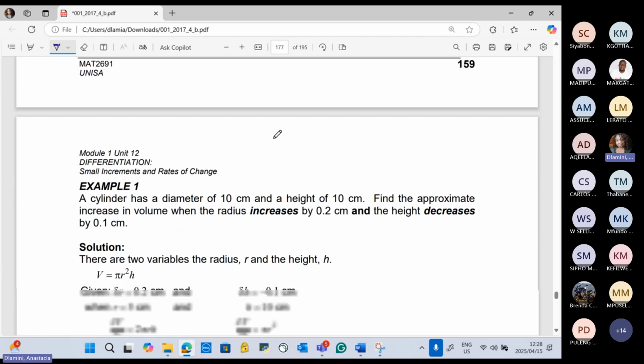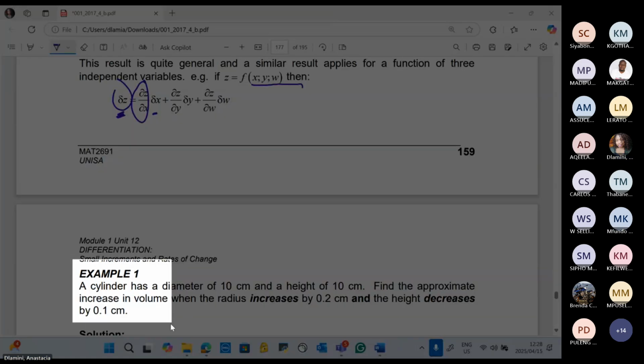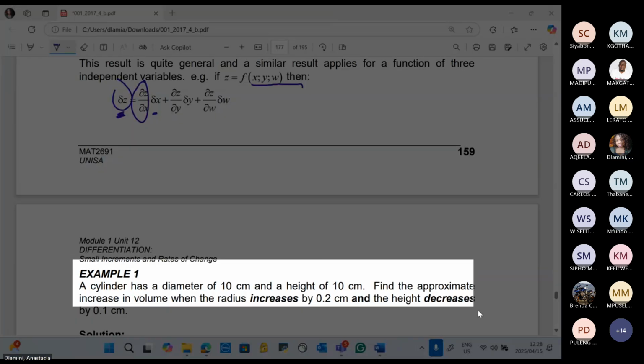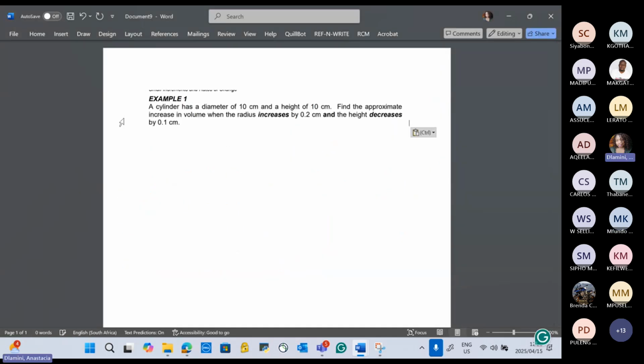So here's the question. Let's try this question. A cylinder has a diameter of 10 centimeters and a height of 10 centimeters. Find the approximate increase in volume when the radius increases by 0.2 centimeter and the height decreases by 0.1 centimeter.